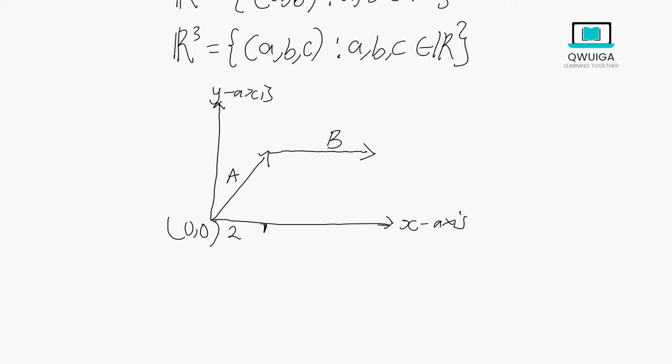That means I can just call this (2, 3). For this particular vector B, you move from the origin, say 3 units in the y direction and then 7 units in the x-axis. So this vector would be (7, 3).